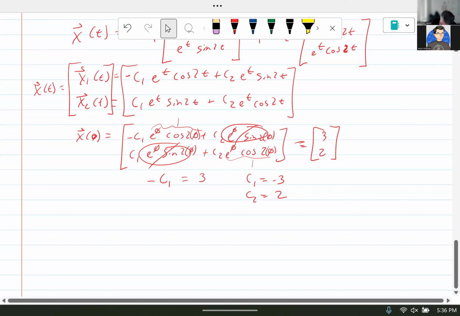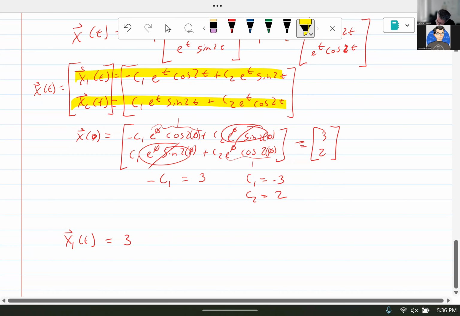So what are my solutions? x1 of t is equal to 3, because it's negative c1, the negative of negative 3, which is 3.